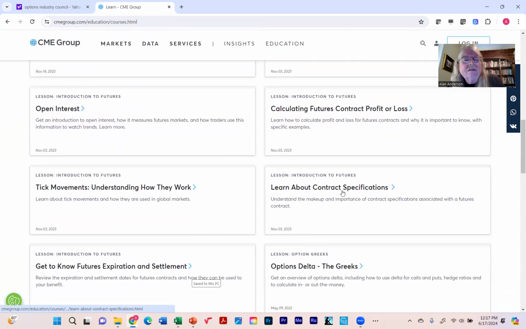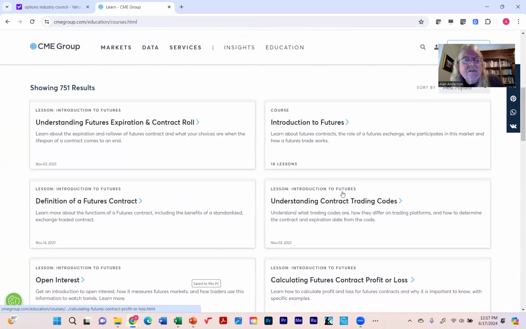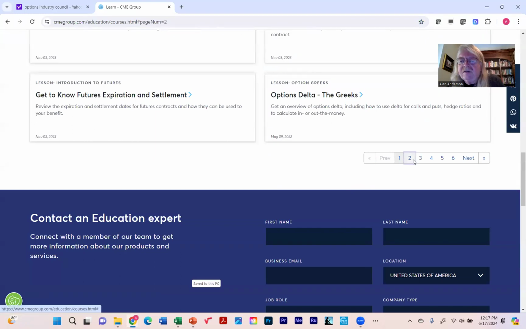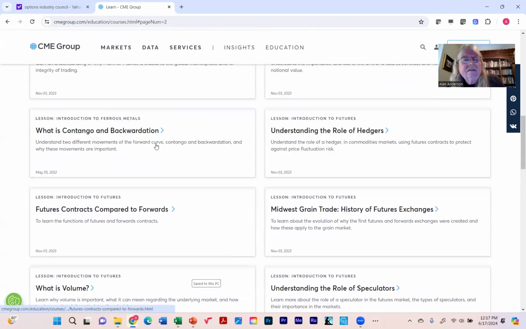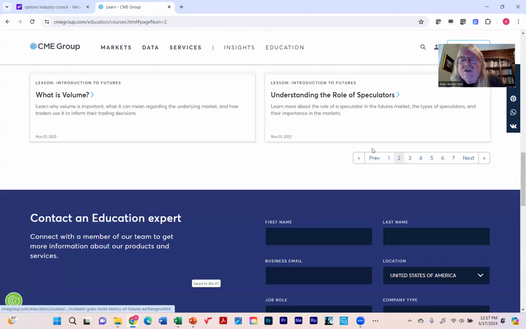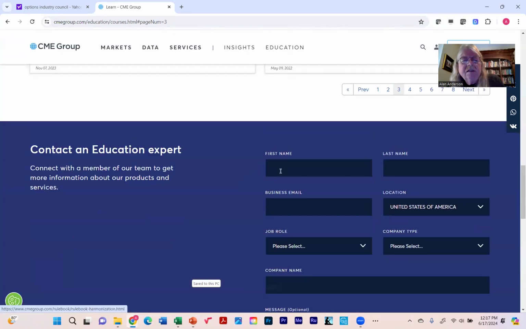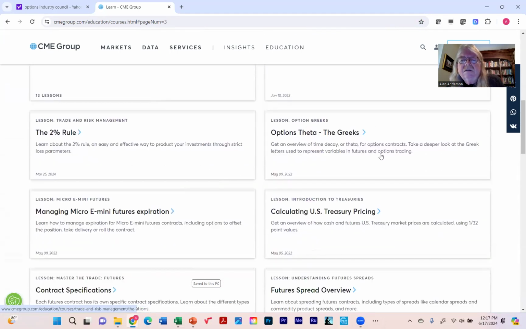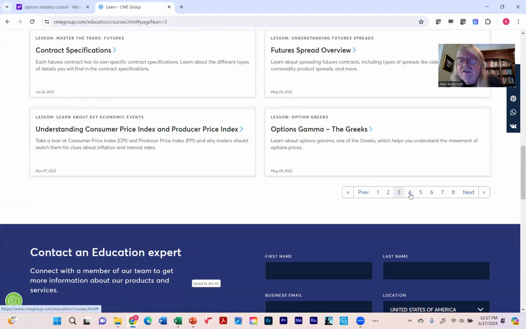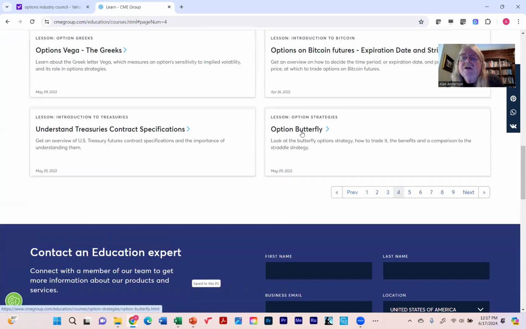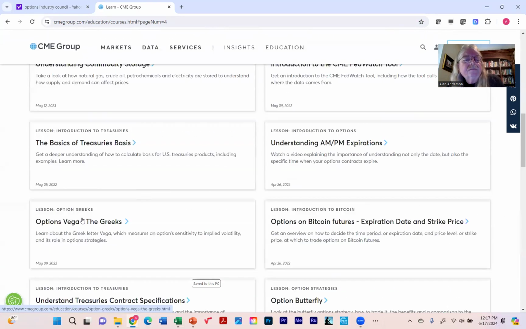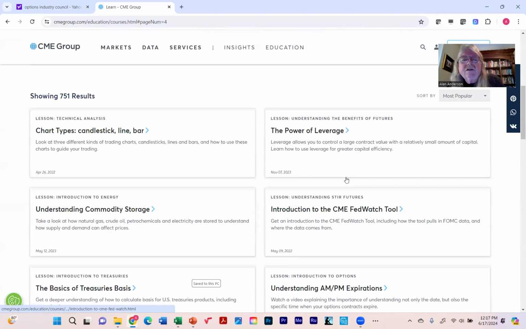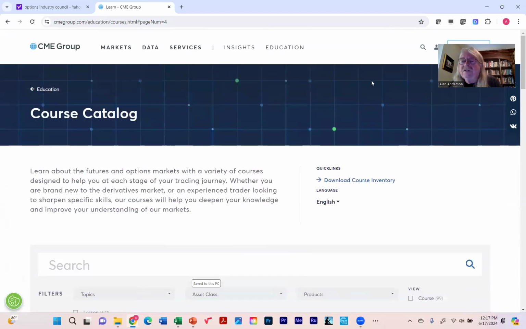Options delta, the Greeks, those are risk measures. It looks like they're starting out with only futures contracts and then they'll work their way up to the options. There's theta, that's another risk measure. And the butterfly spread, we're going to look at that today, but they have their own materials here. Here's their discussion about another risk measure. It's all right here if you want to look at it. It's completely free too.